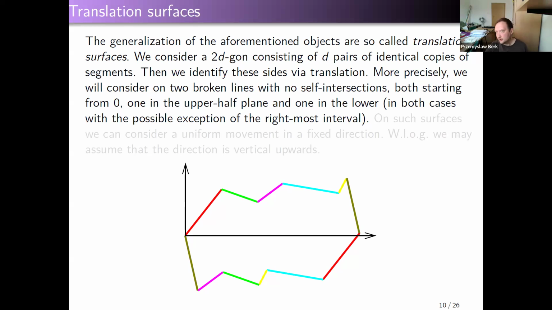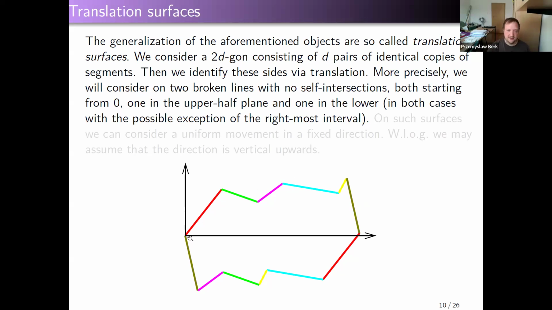This is not a polygon yet, but we want a polygon. So we now add the lower broken line. The lower broken line consists of translated copies of the intervals which were making the upper curve.